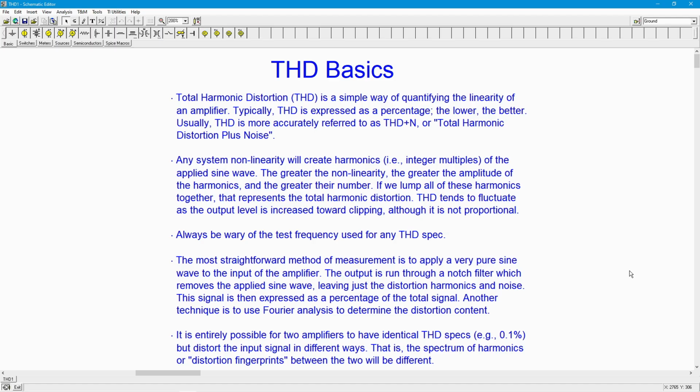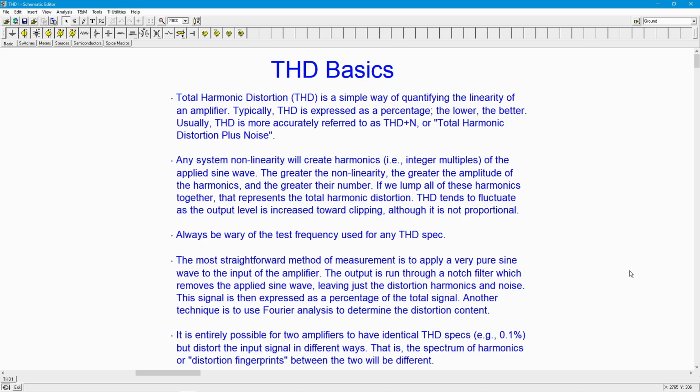So essentially we collect up all of these aberrant little harmonics. We lump it all together into a single number represented as, like I said, typically a percentage of the total signal. So if you have a THD spec that says it's 1% THD, we're saying that of this output signal, maybe that's going to my amplifier, 1% of it is stuff that we didn't put in, right?